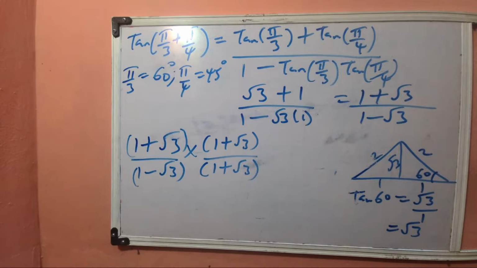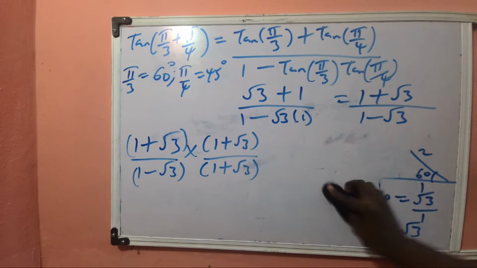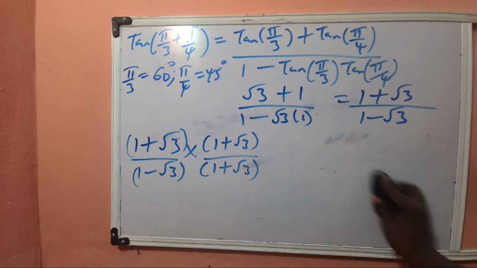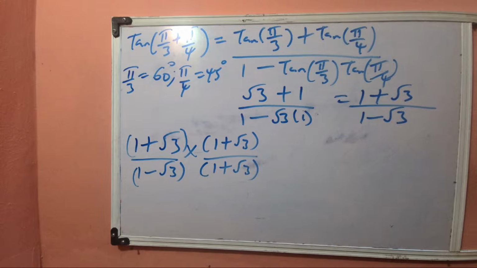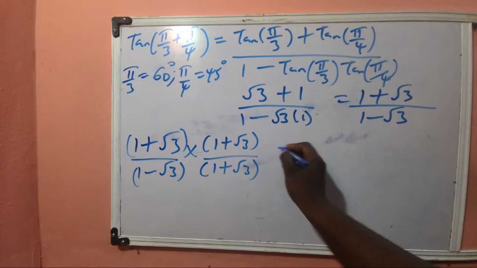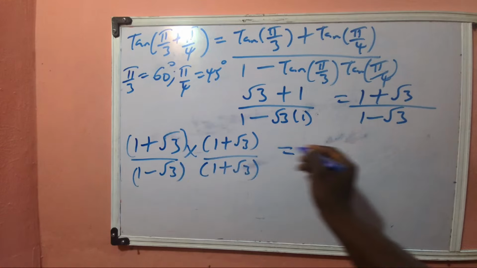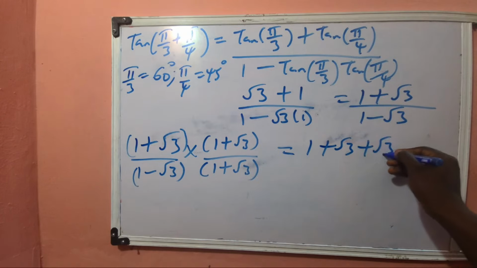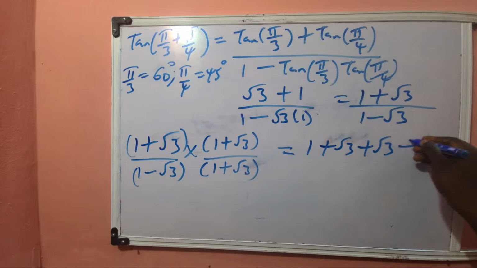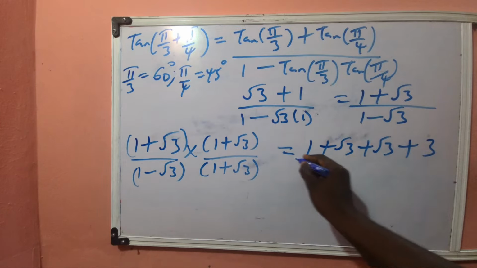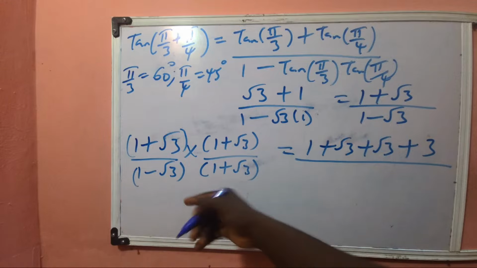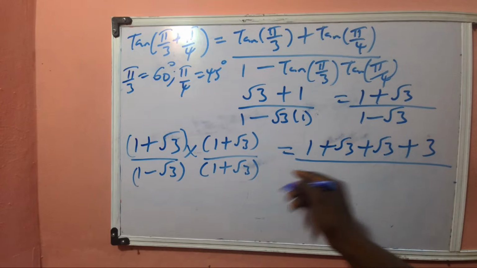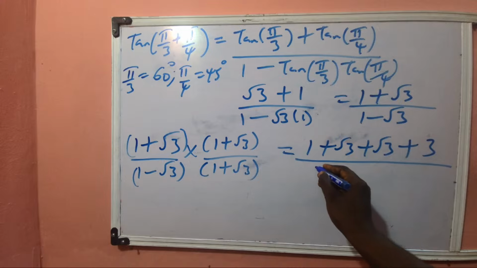And of course, I'm sure you can see that when you have something like this, this will be 1 plus root 3 plus root 3, then we have root 3 times root 3, that will be 3. Over, this obviously is a difference of two squares, because this is what happens when we have a difference of this.